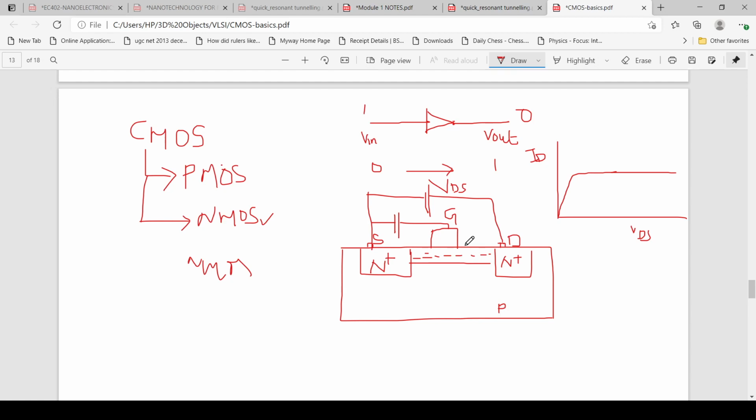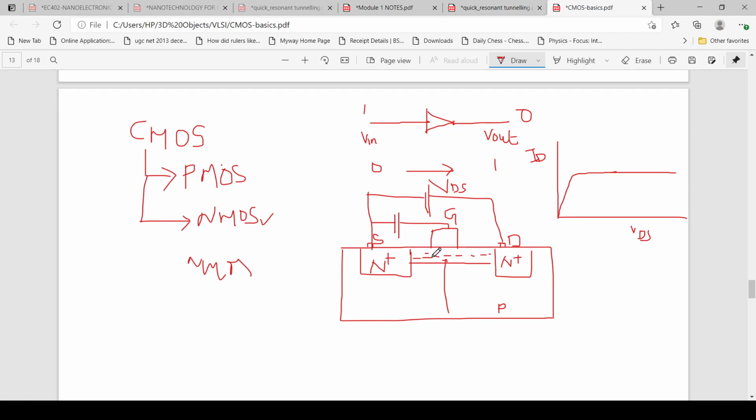Now, if we increase the VGS, the gate potential, we can accumulate more and more electrons, and the number of electrons in the channel will be more, and we will get more current. So we can reduce the channel resistance by adding more and more electrons to this area.